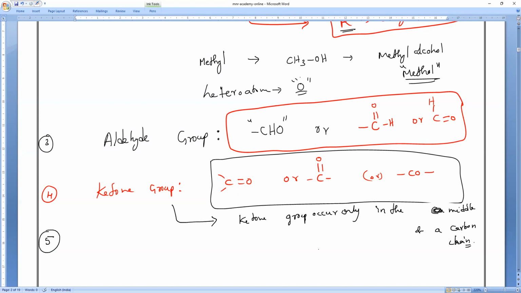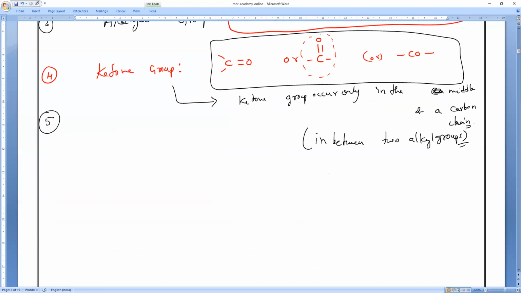So always, exactly, it is in between two alkyl groups. That is what we call a ketone. If you find the double bond O only between the two alkyl groups, only then do we call it a ketone. Do you understand, all of you? Are you clear? Yes, sir. So ketone will never occur at the last carbon.